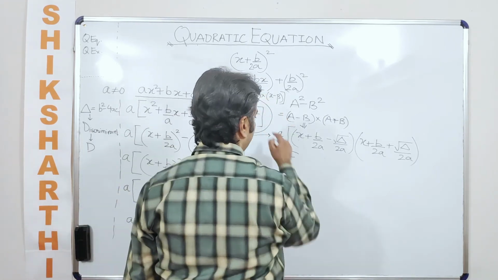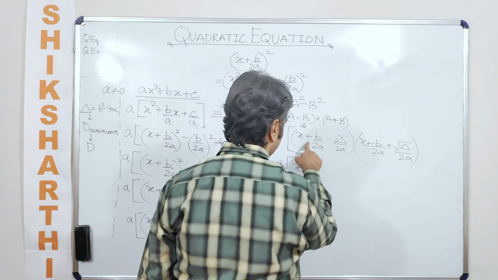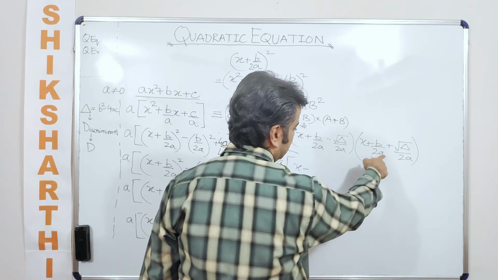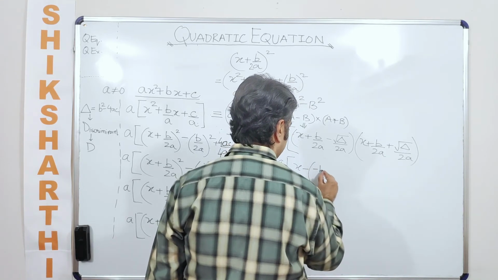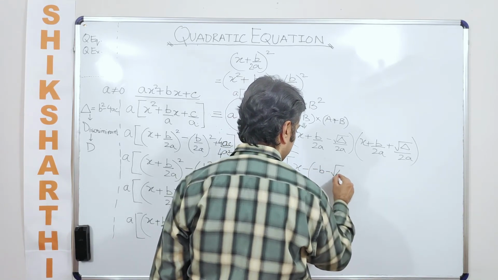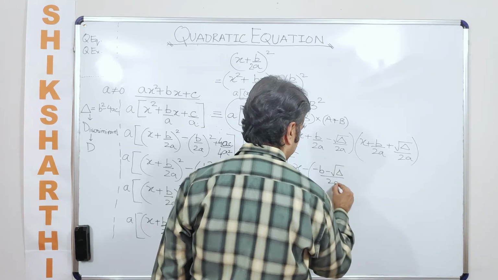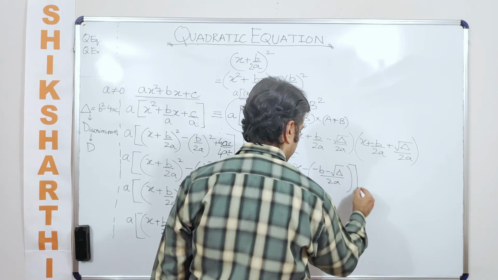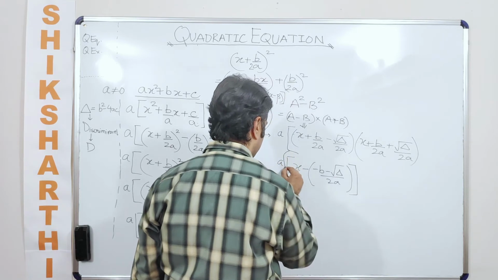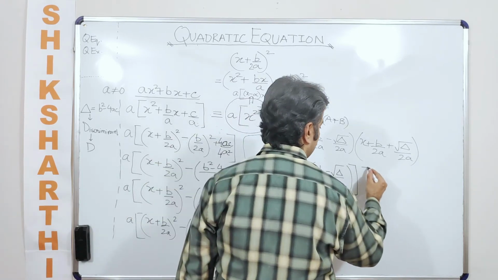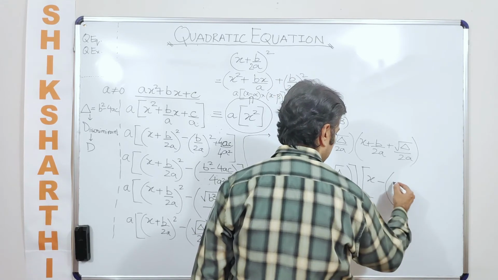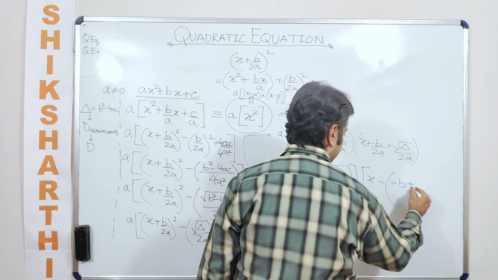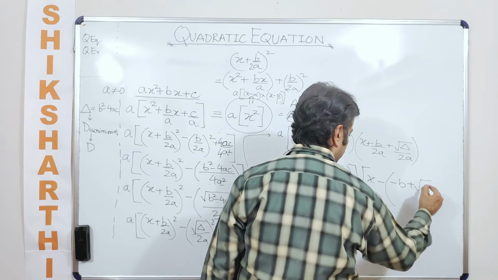Okay. So now if I take minus as common here, let us say I take this first. In that case, can I write this is nothing but x minus (minus b minus root delta upon 2a)? And then I multiply this with x minus, when I take minus as common, (minus b plus root delta upon 2a).